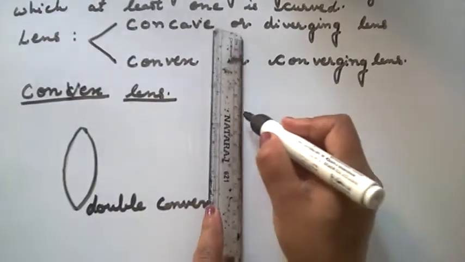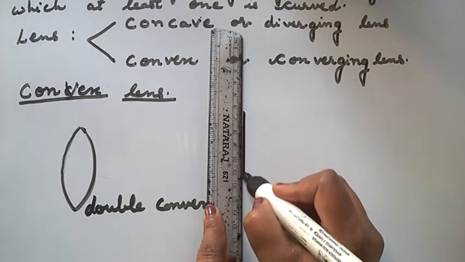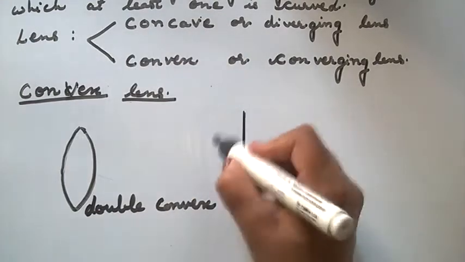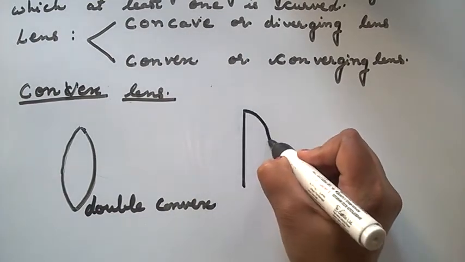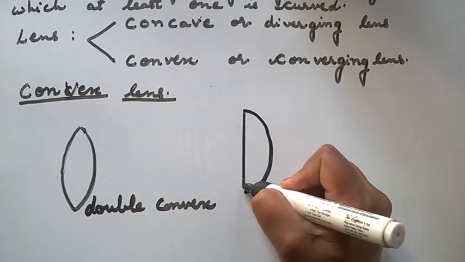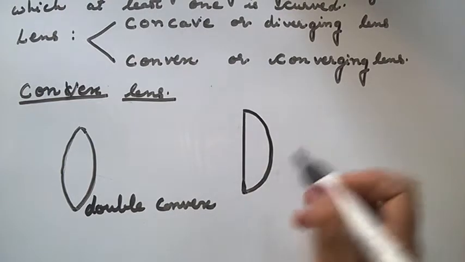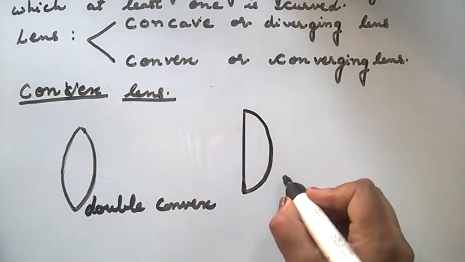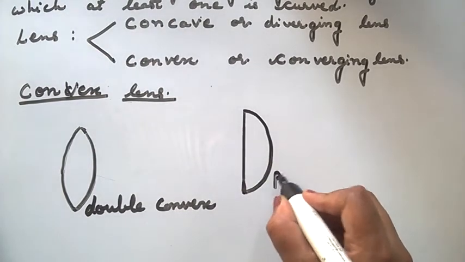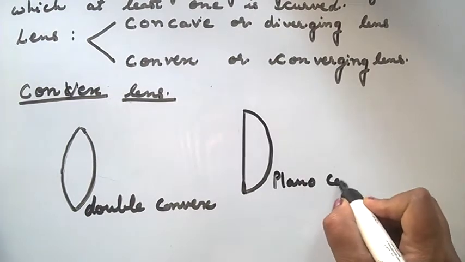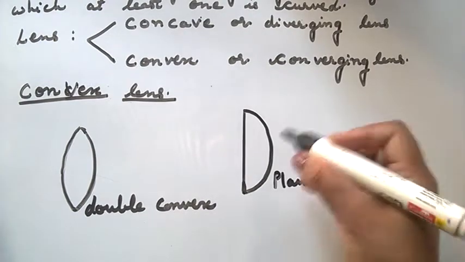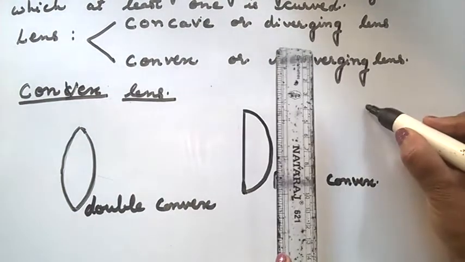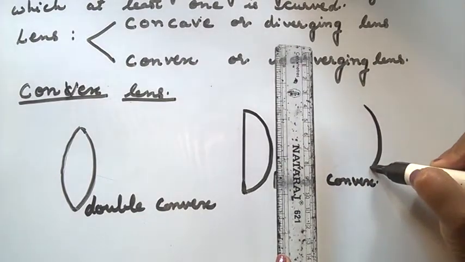And plano-convex, where one part is plane and another is convex. The next is concavo-convex.